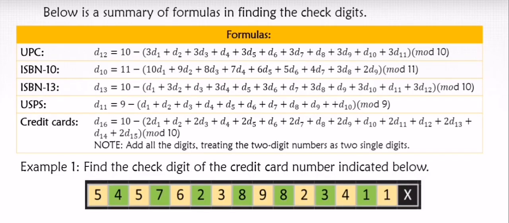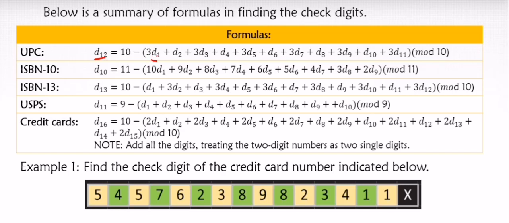So these are the formulas that we can use for this topic. For the UPC, meron tayong formula na D12, meaning 12 digits ang meron tayo sa UPC. Ang formula natin ay 10 minus open parenthesis 3D1. Itong mga D na yan, it represents the digit on a given code.